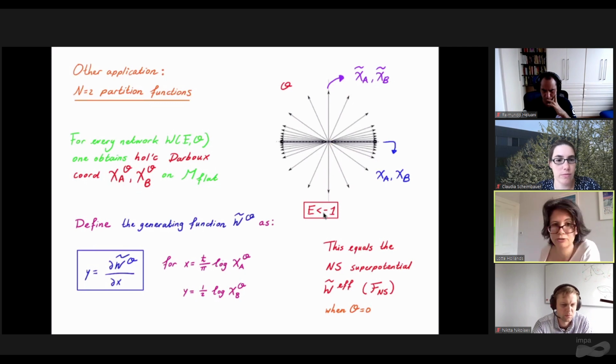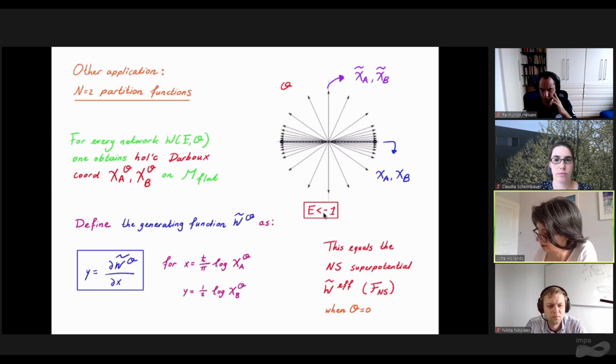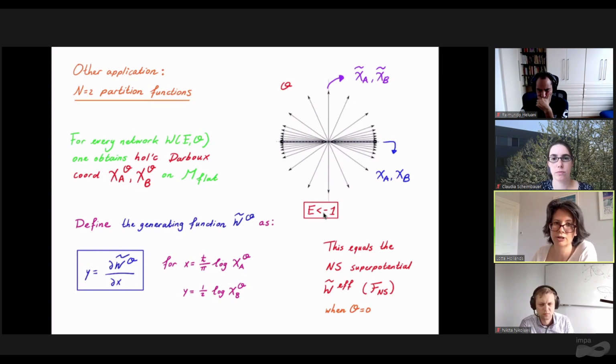Just a small remark. What you find in this picture is a picture of all the active rays. That means that if you look at how the spectral networks change as you change the phase theta, then you'll find a new isotopy class of spectral network whenever you see an arrow in this picture. To any isotopy class of such spectral network, you find a new kind of holomorphic Darboux coordinates.